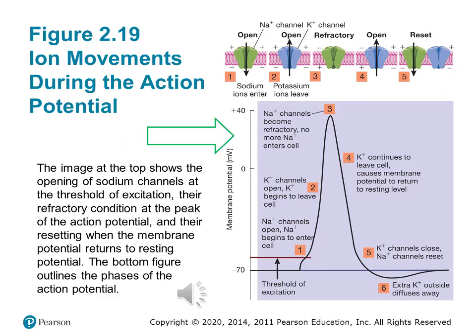Now that we have looked more closely at ion movements across the membrane, we're going to look at what's happening with regard to the electrical, the nerve impulse, the action potential, focusing on the bottom part of this illustration where I have a big green arrow pointing.